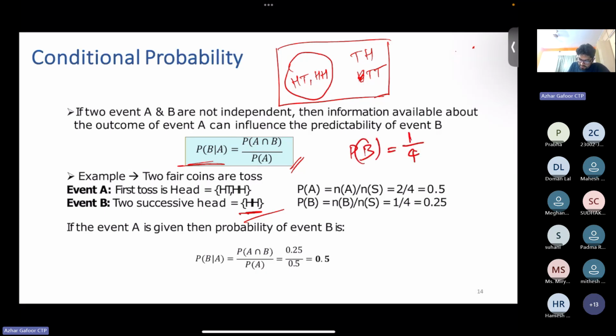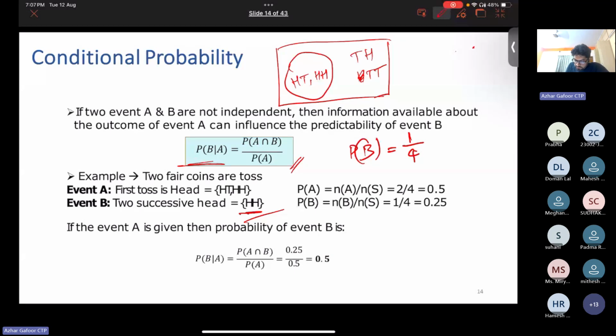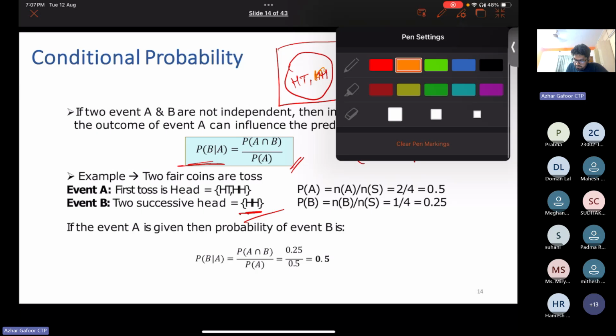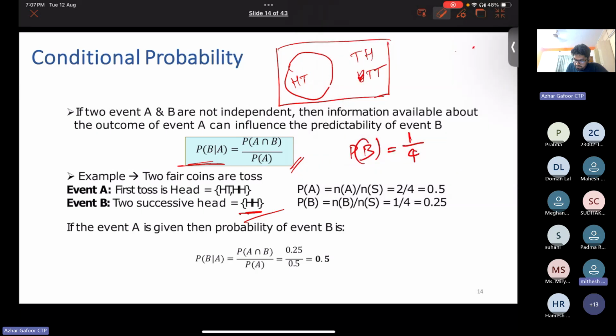We have only one case, head and head, which gives two heads, and we have four elements in the sample space. So probability of B is 1 by 4.